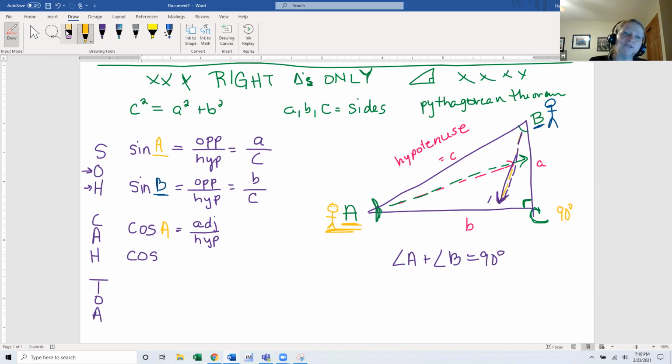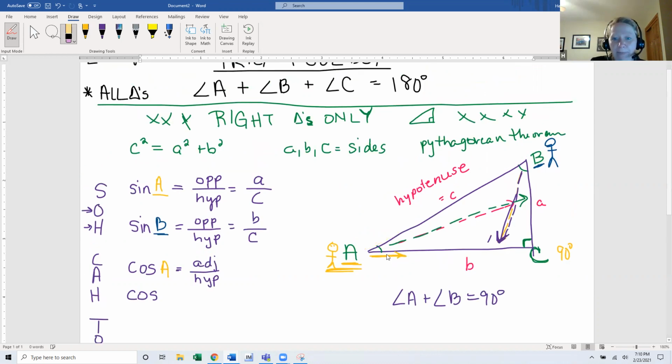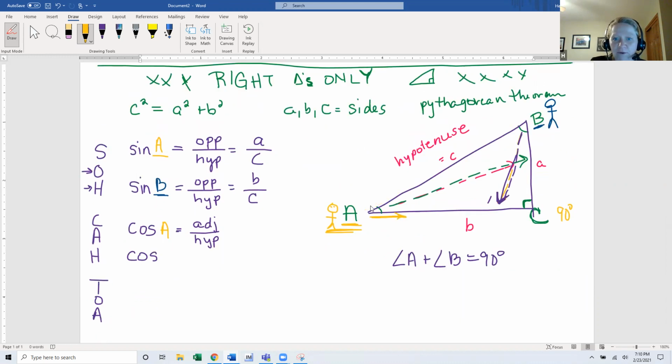There are two lines that are next to, or adjacent to, angle A. They actually create angle A. There's one here, and then there's one here. But this one up here on the top, what do we call that one?